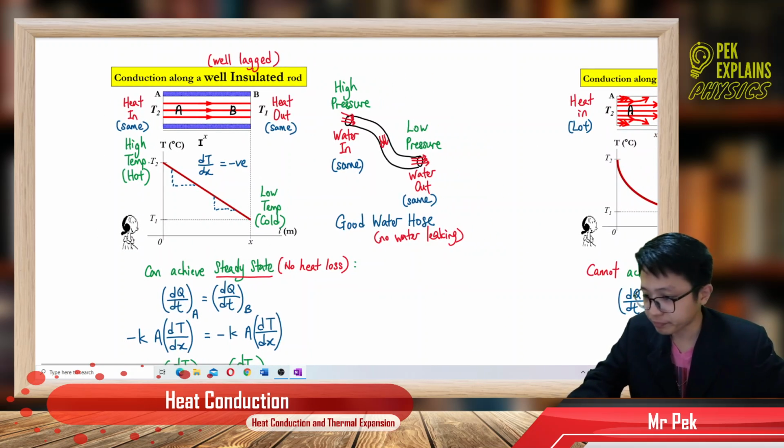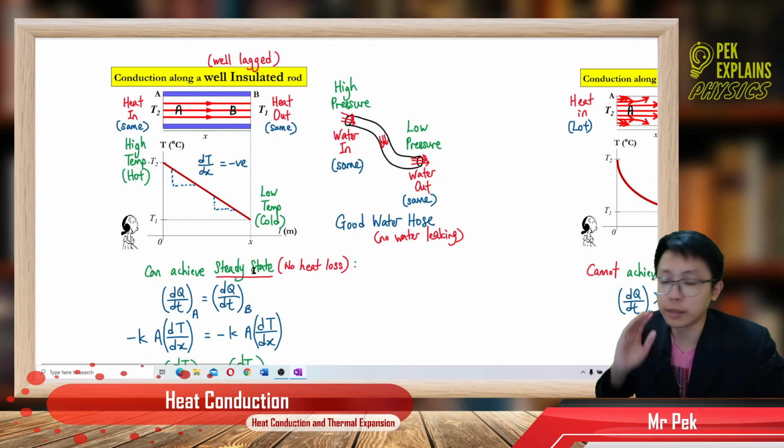Now again, what is meant by steady state? Steady state means the rate of heat flow at A is the same as the rate of heat flow at B. Why? Because there is no heat loss along the rod.